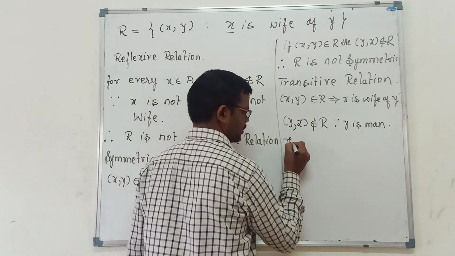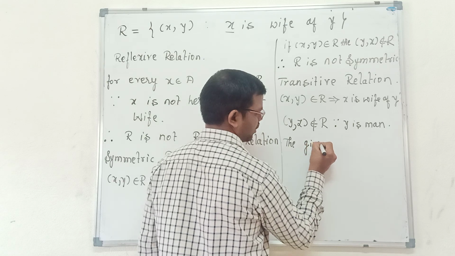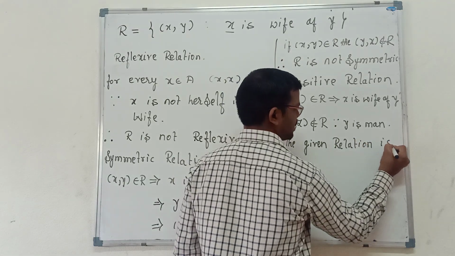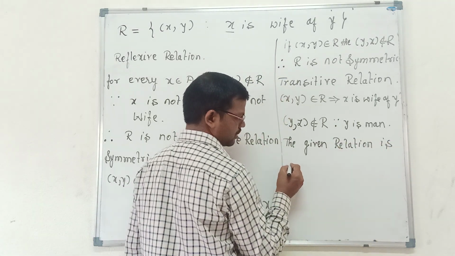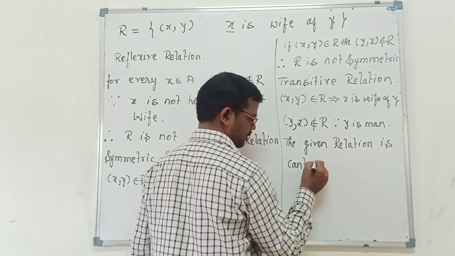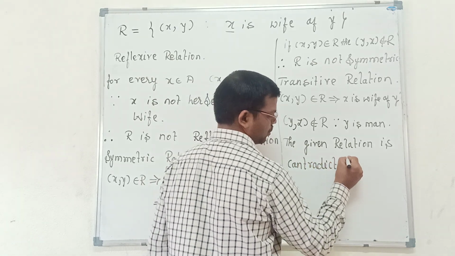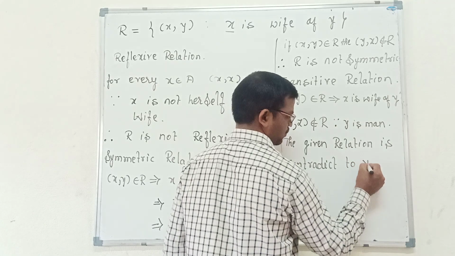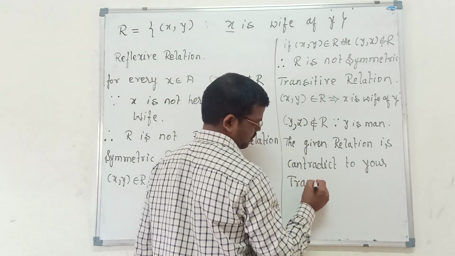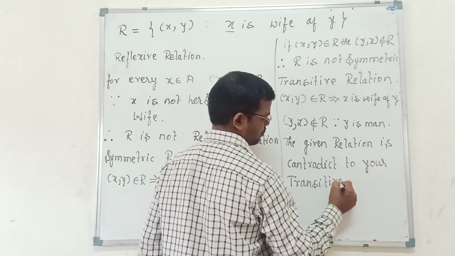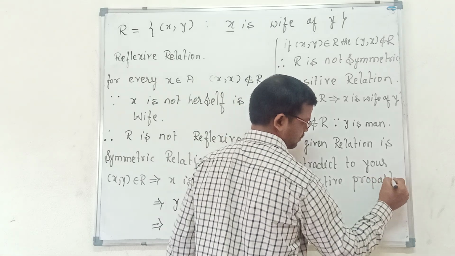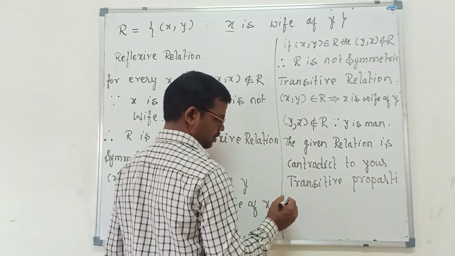The given relation is a contradiction to our transitive property.